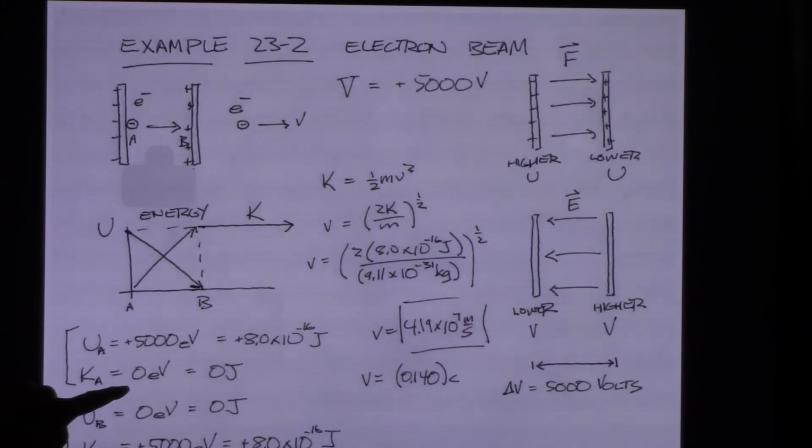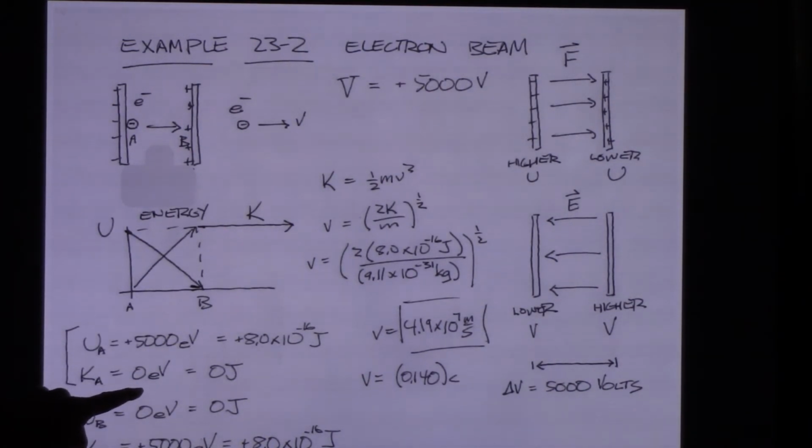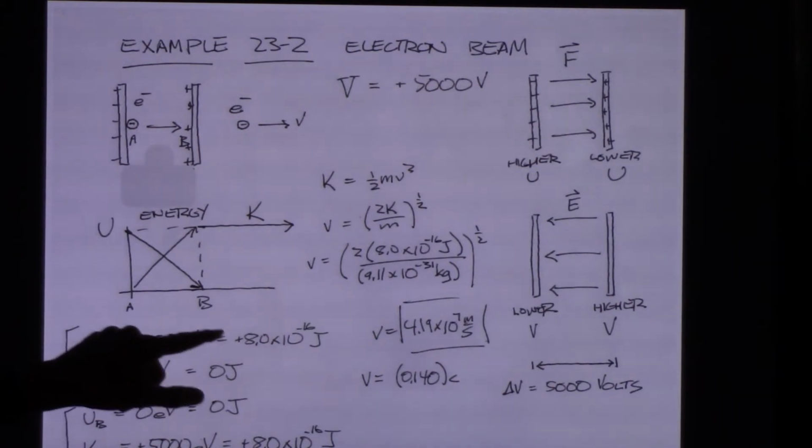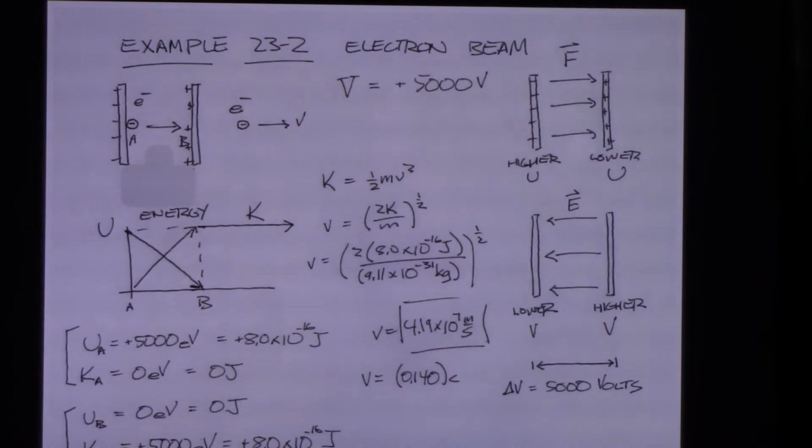Let's say that we start the electron at rest. So we bring the electron to that negative plate, it's at rest, and then we let go. It starts off with no kinetic energy, but by the time it reaches the other plate, the 5,000 eV, or the 8 times 10 to the minus 16 joules, has been all used up.